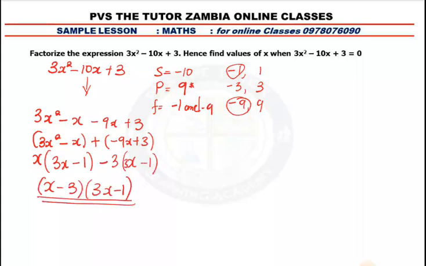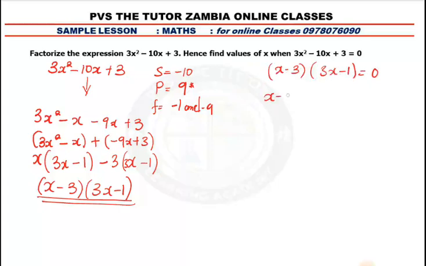But the question also says find the value when you equate it to 0. So we're just getting what is here and you equate it to 0. That is our next part. So we are saying x minus 3 and 3x minus 1 we equate to 0. Each part is going to be equated to 0.